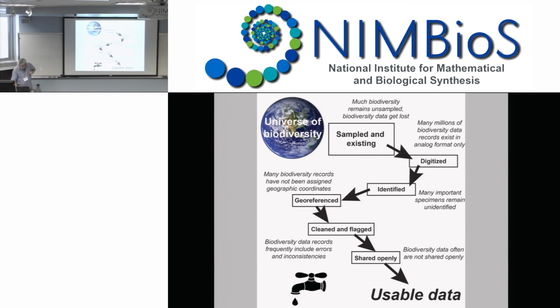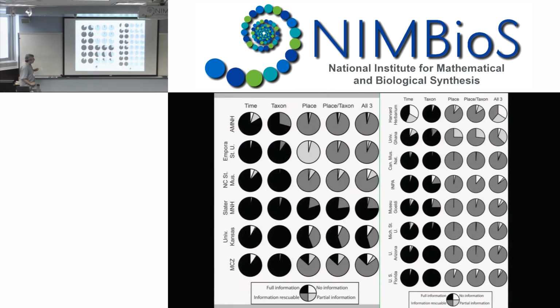And just to give you an idea of this data leakage, look at these pie diagrams. They're for a bunch of bird collections, and they're for a bunch of herbaria. And where you see black, the full information is there and is pretty much immediately usable.